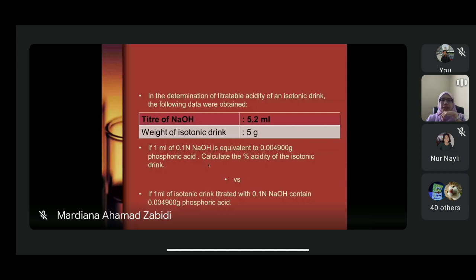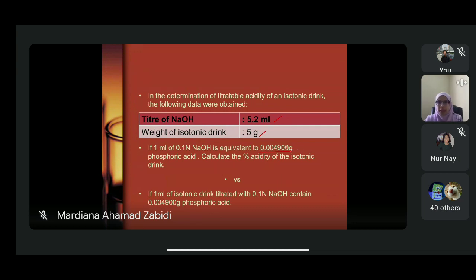Okay, in the determination of titratable acidity for isotonic drink, the following data were obtained. Okay, again, the volume of sodium hydroxide is been given 5.2 ml. Okay, weight of isotonic drink is 5 gram. Okay, instead of 10 gram, this one dipakai 5 gram. Okay, so this one, if 1 ml of 0.1 normal sodium hydroxide is equivalent to 0.0049 gram.